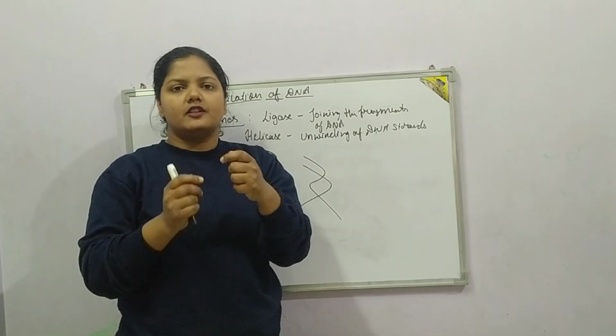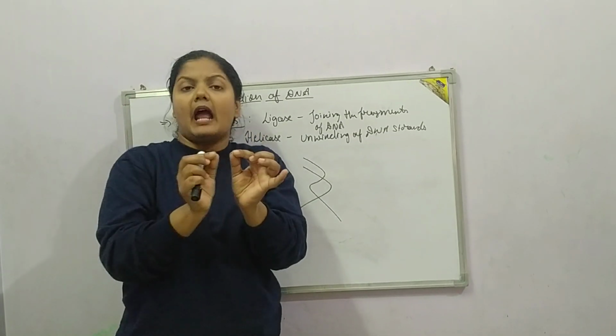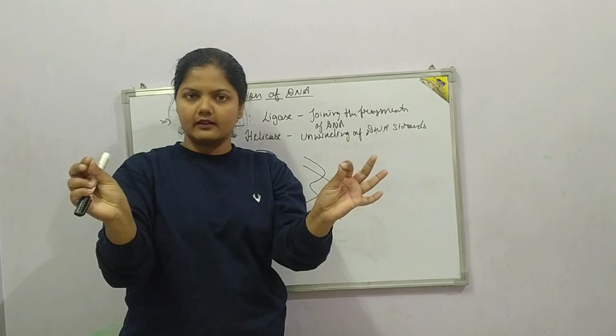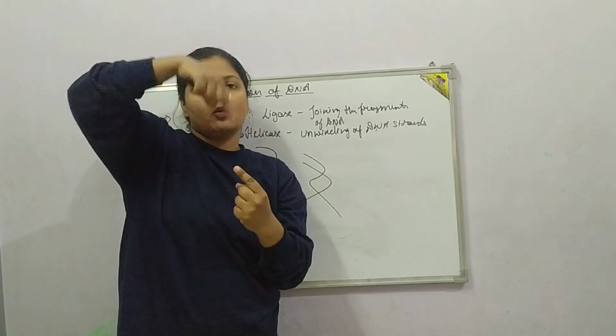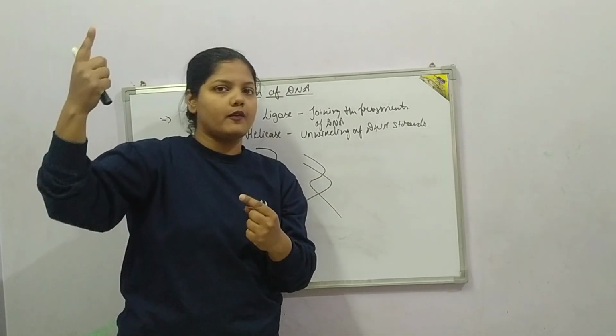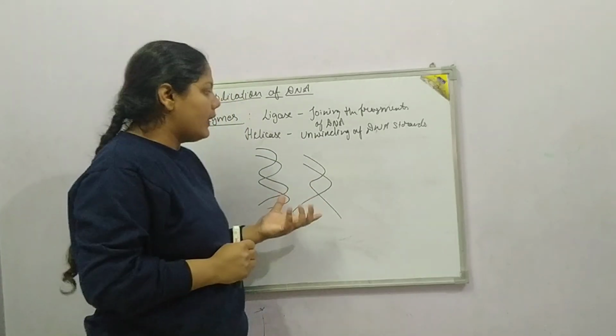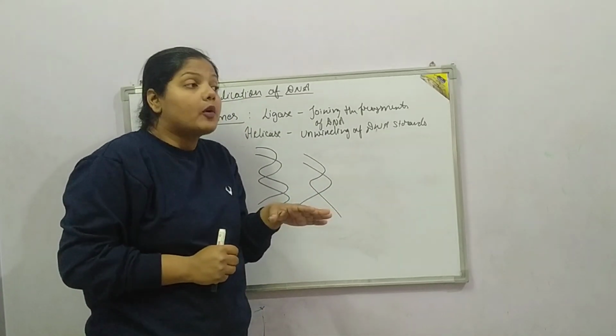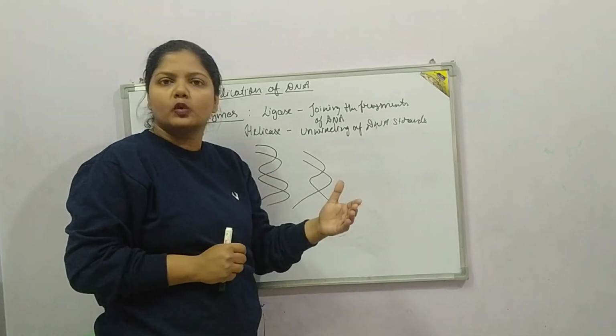Whenever we take any rope and we try to pull the threads like this, what happens? The supercoiling of another end of the rope takes place. So if supercoiling takes place, then the process will not be able to accomplish smoothly.